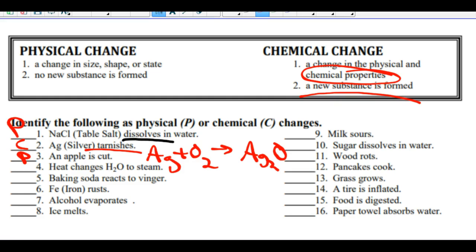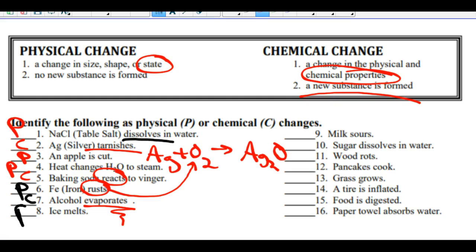Heat changes water to steam, that's still water, or it's a change in state, so that's physical. There's our word react, so that's chemical. Rusts is the same as reacting with oxygen, that's physical. Alcohol evaporates, that's like it boiling, so that's chemical. Ice melts, it's water when it's ice, it's water as a liquid, so that's physical.